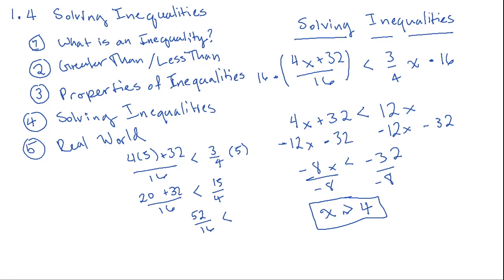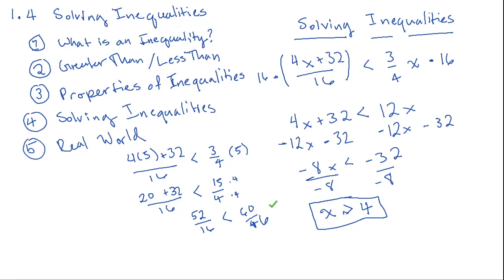So if I wanted to figure out what 15 over 4 is in terms of 16, remember 4 times 4 is 16, right? So I'm just going to multiply the top and the bottom by 4. That's going to give me 60 over 16. So obviously 60 is bigger than 52, so this checks out.